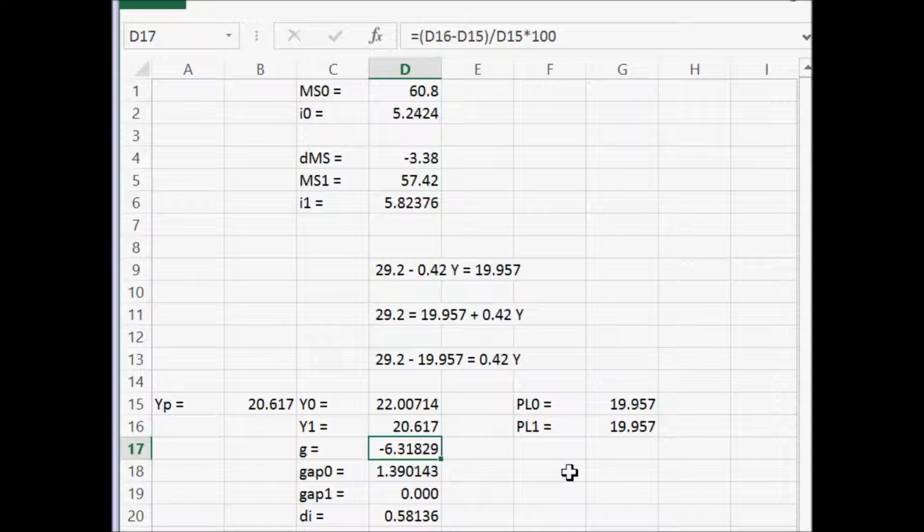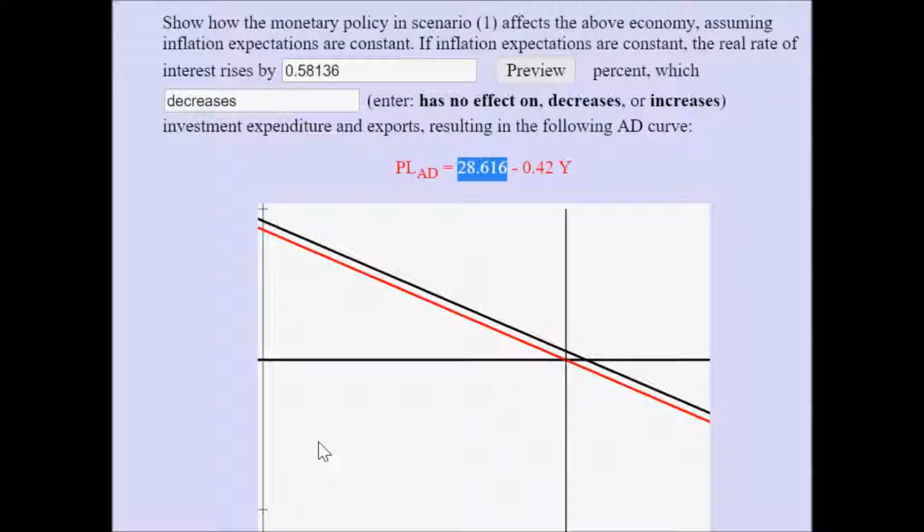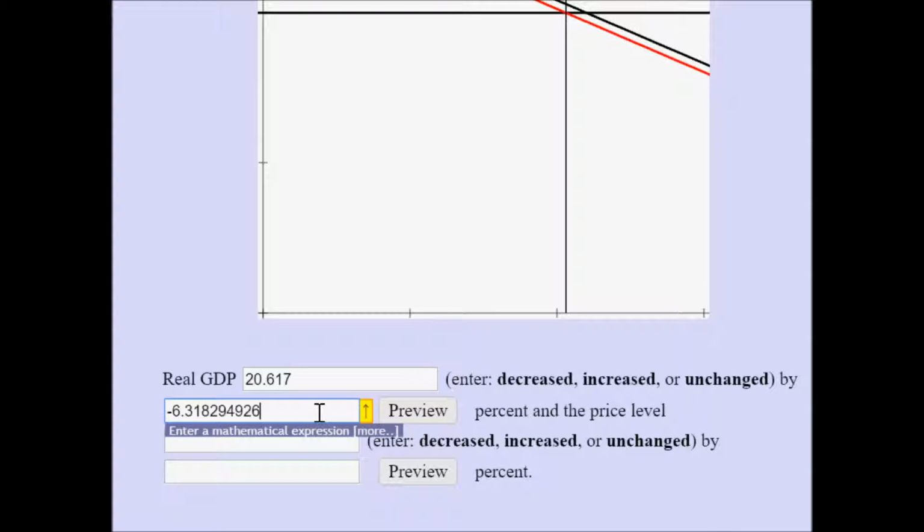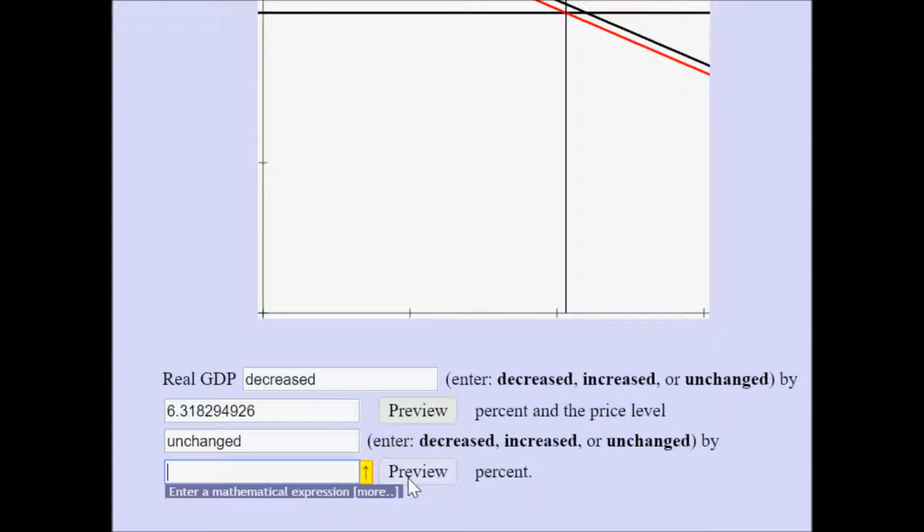The economic growth rate is a negative 6.31829%. That goes right here. Real GDP decreased by 6.318294926%. The price level is unchanged by 0%.